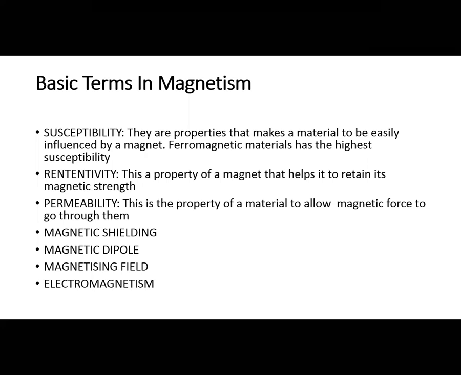If I'm using my north pole, where I started from is going to be my north pole, and where I ended is going to be my south pole. That's how we induce magnetism. If you bring a magnet and rub it near a metallic substance for a very long period of time, due to the magnetic flux or the magnetic strength around it, it's going to induce magnetism into the metallic substance. So that's the single stroke method.